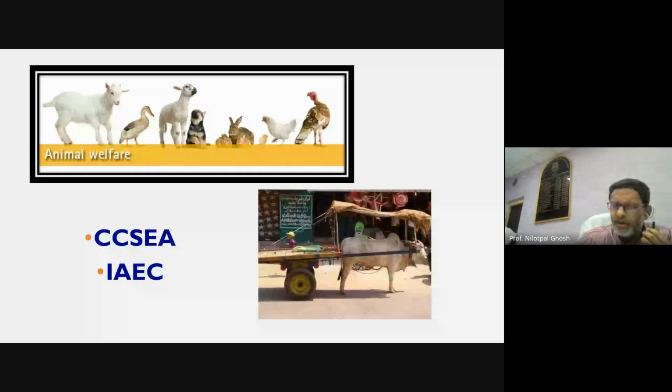Any experiment is to be controlled and supervised by a committee. It is a central government constituted committee under the Department of Animal Husbandry and Dairying, Ministry of Fisheries, Animal Husbandry and Dairying, Government of India.